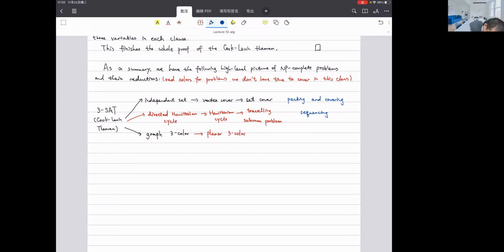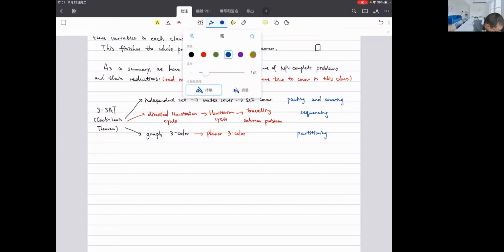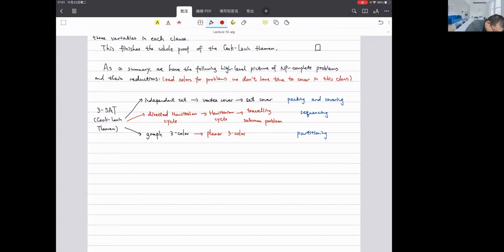This is typically called a partitioning problem. And furthermore, there is also the subset sum problem.